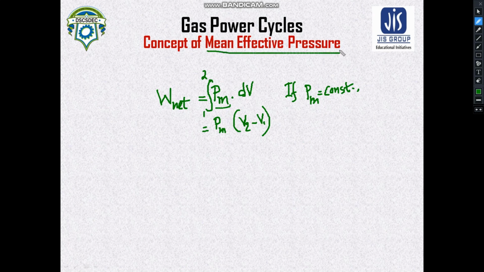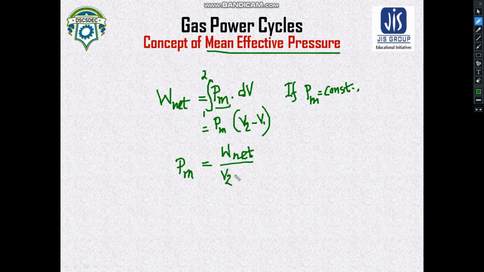So this is a fictitious pressure, and the importance of this concept is that you can analyze the performance of engines with the help of this parameter. Mean effective pressure is nothing but the net work done by the engine divided by the volume which is being displaced.